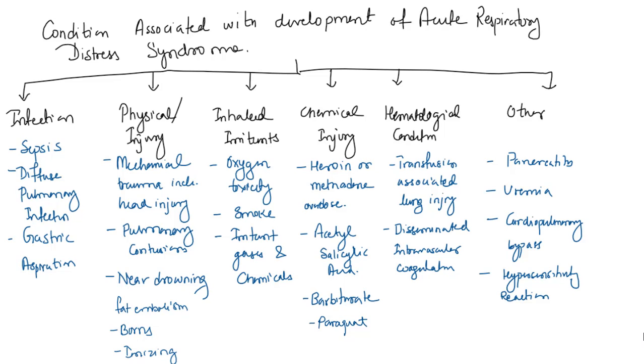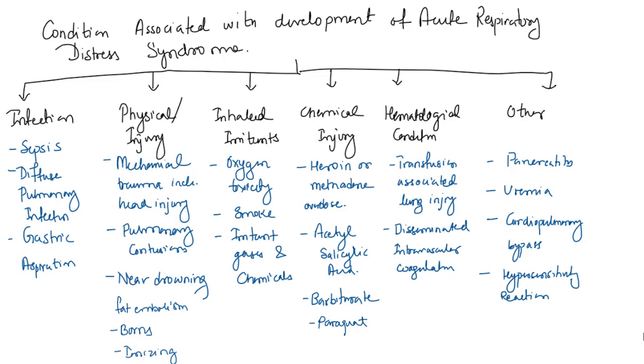Conditions associated with development of acute respiratory distress syndrome: infection, physical injury, inhaled irritants, chemical injury, hematological conditions, other. Infection can be due to sepsis, diffuse pulmonary infection, gastric aspiration. Physical injury: mechanical trauma including head injury, pulmonary contusions, near drowning, fat embolism, burns, ionizing radiation.